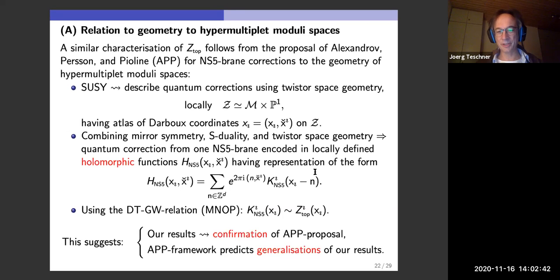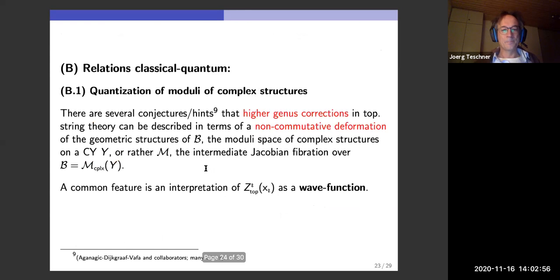So here is the wave function. Whereas here, in retrospect, you can also interpret it as a wave function, but it was defined in completely classical terms, in terms of the geometry of this moduli space M. As a warm-up, let me remind you of one of the main players here, Mina Aganagic.